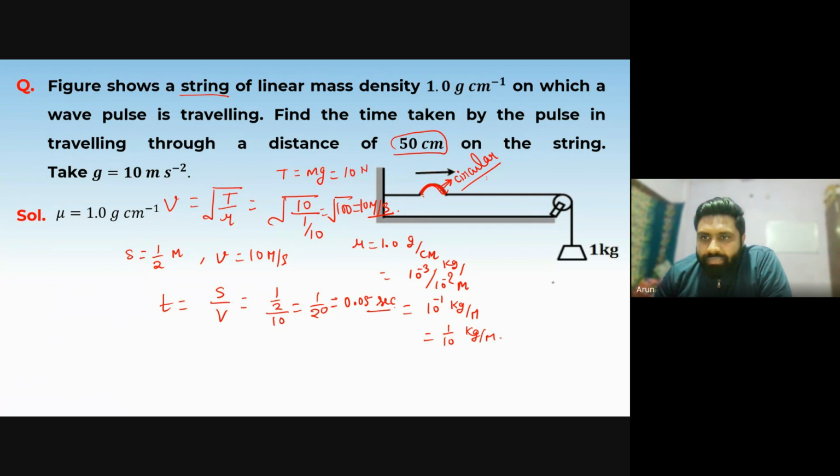Okay, so JNV Ramnagar student has found it well. Very good. Keep it up. Hema Sundar has also done it. What about Divyansh? Divyansh, have you not tried this question? Okay, so you got the same answer, 0.05 second. Got it.